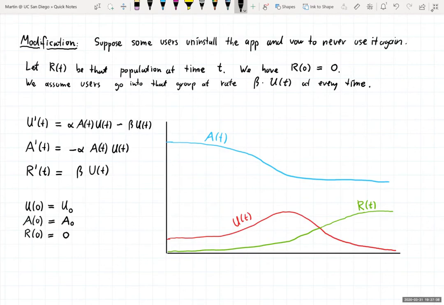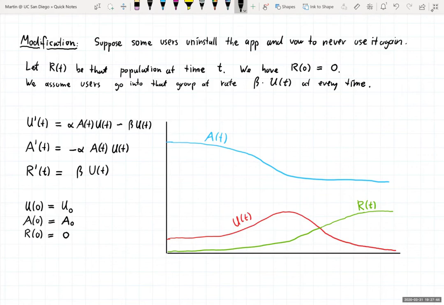Now, if you use a numerical solver to plot the evolution of that system of differential equations, what you get is a graph that probably looks very similar to what you see here on the screen. Of course, the details of the graph will depend very much on the parameters alpha and beta, and also the population sizes at the initial condition.